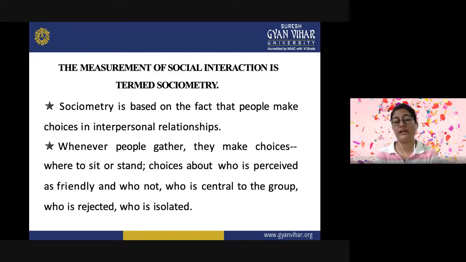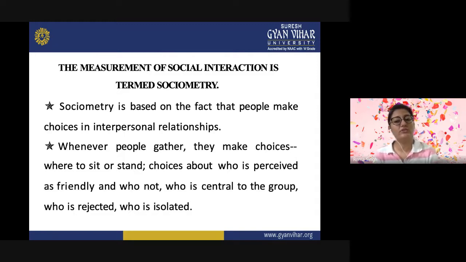To identify what kind of social relationships individuals of a group have, you can just observe where people prefer to sit, and with whom to sit or stand. Choices about who is perceived as friendly. Some people are friendly with everyone, and some people are friendly with only a few. They are introverts, they are extroverts.